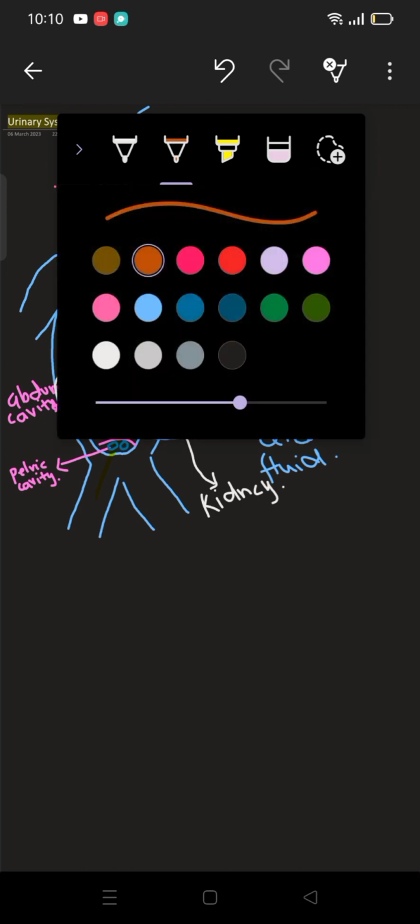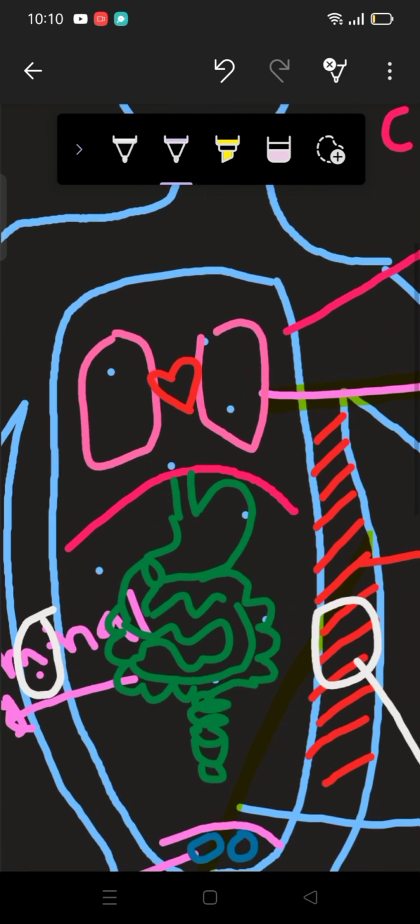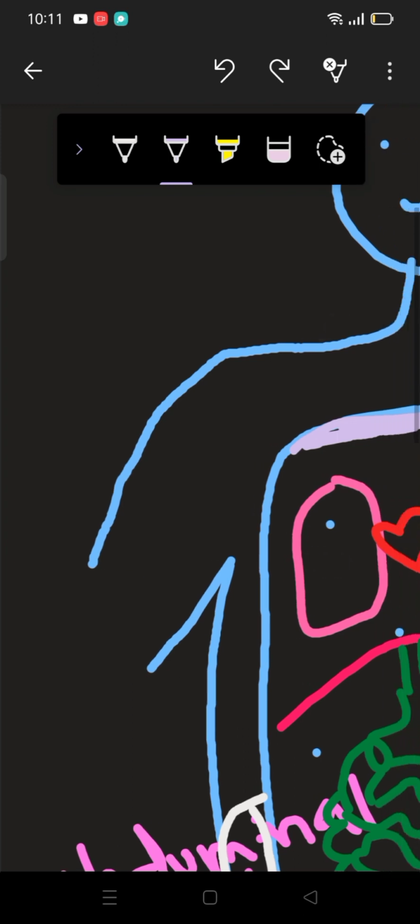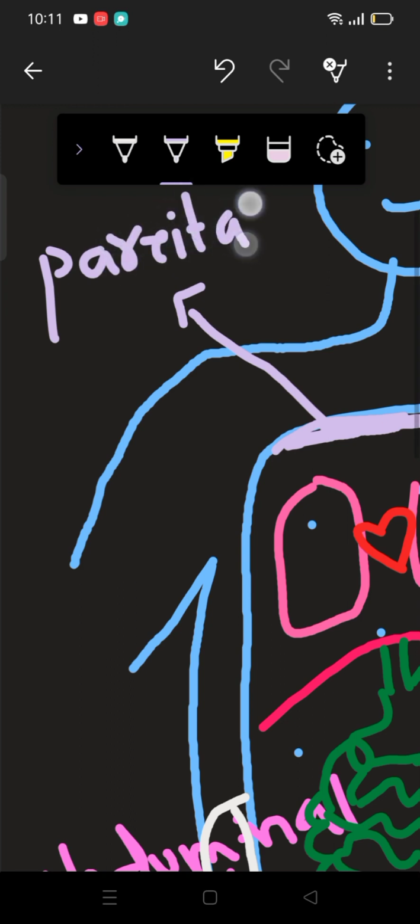So we do have a covering here of the epithelial tissue. This covering would be known as parietal peritoneum.